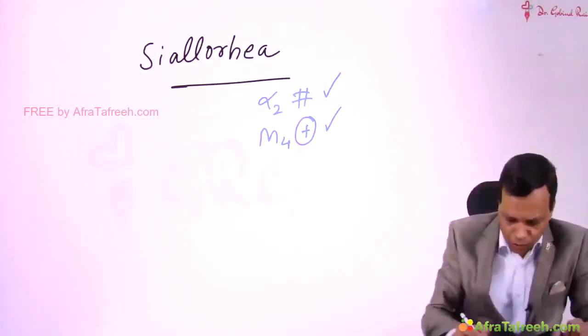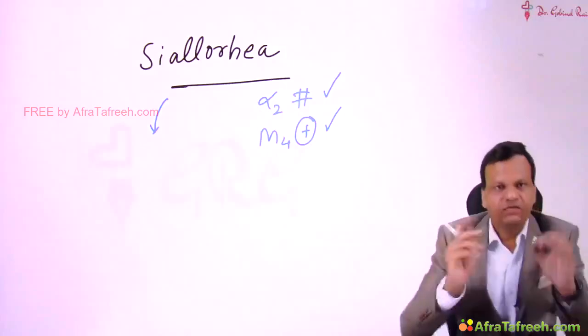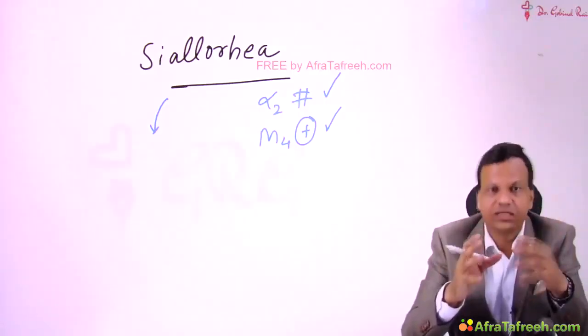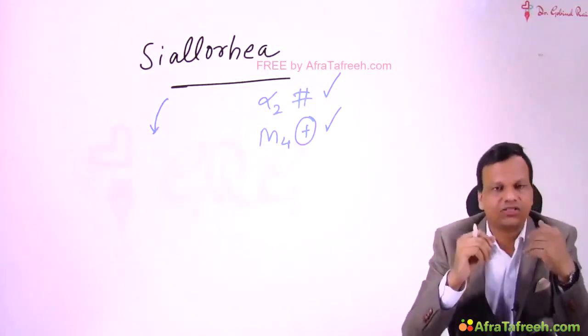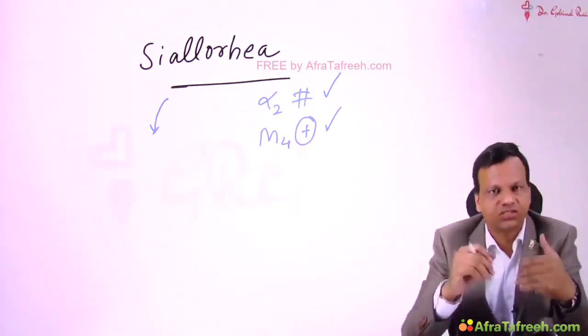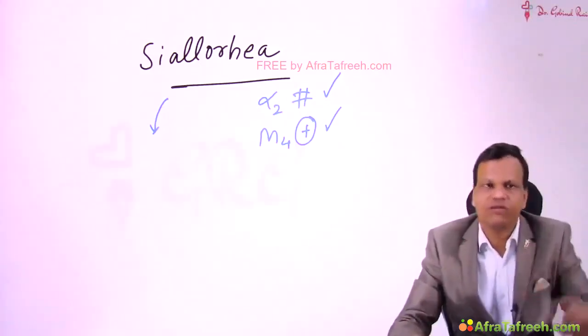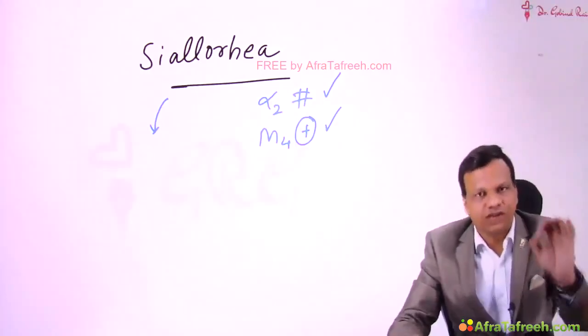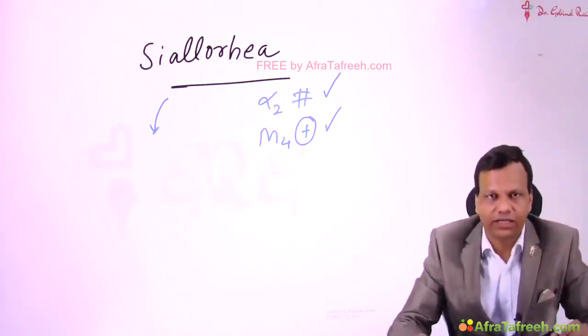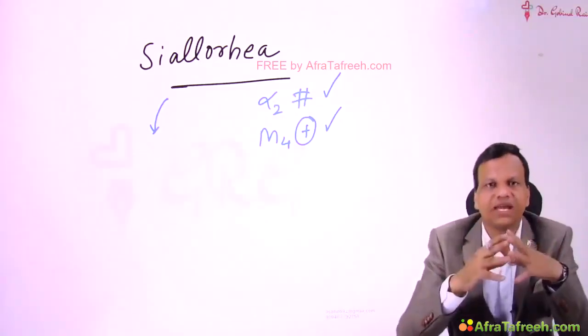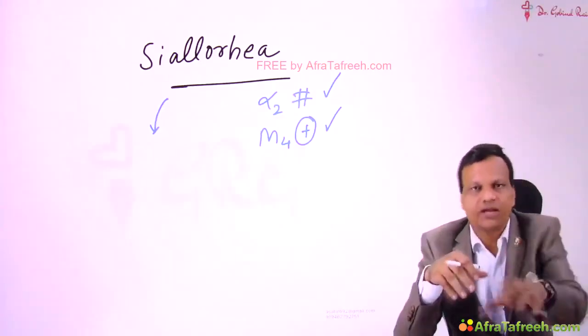Clear? Now clozapine is a drug which has so many side effects. We discussed it can cause sialorrhea, sedation, myocarditis, agranulocytosis, seizures, plenty of side effects. So we do not prefer to give clozapine, but it is a very effective antipsychotic drug. When the psychosis cannot be treated by other drugs, then we will look at clozapine.